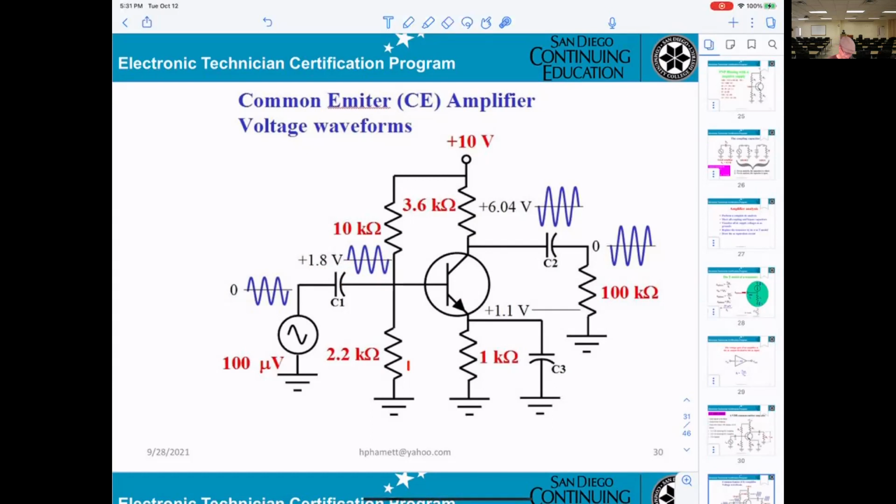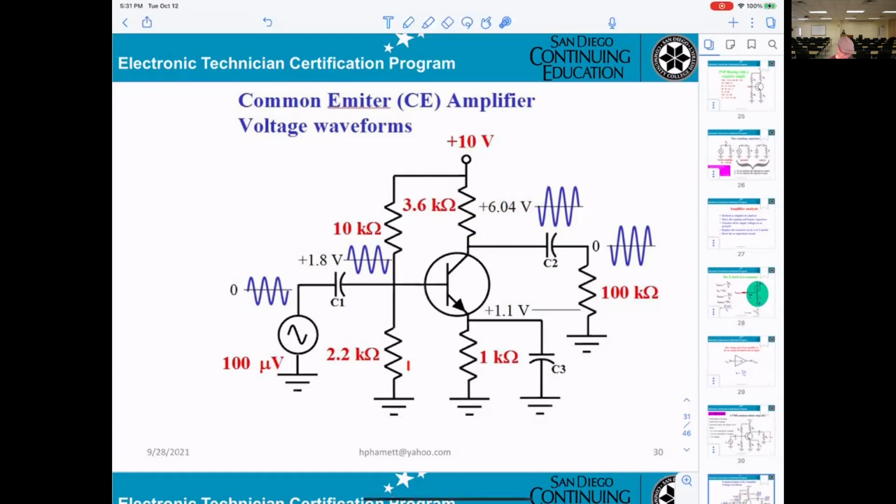And at this point here, the emitter, you can measure 0 volt for the AC signal, because it is bypassed and goes to the ground. At the collector here, you get two voltages. One is VC equals 6.04 volt DC, and another one is the sine wave.